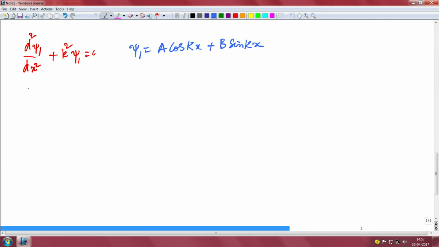Similarly, in the region 2, d square psi 2 by dx square minus alpha 2 square psi 2 equal to 0. The solution is of the form psi 2 equals C into e power minus alpha 2 x.